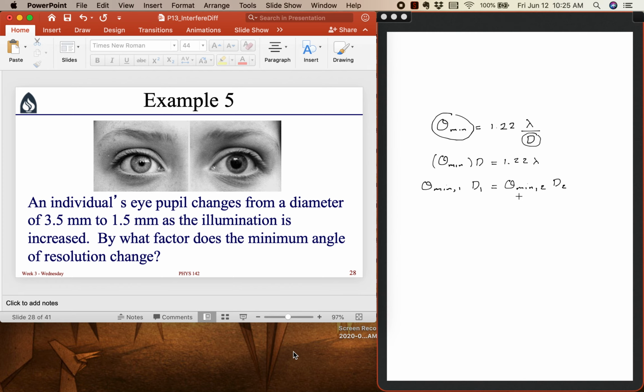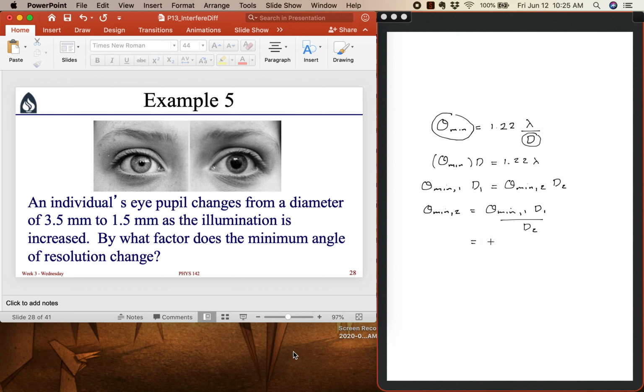Now what we want to know is how is theta min changing? So let's solve this for theta min 2. So theta min 2, our final angle of resolution, is going to be equal to the initial one, theta min 1, times d1 divided by d2.